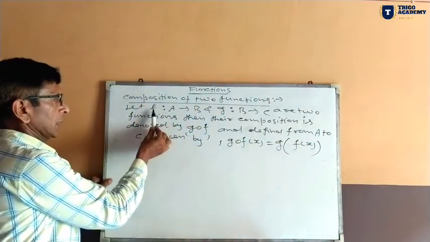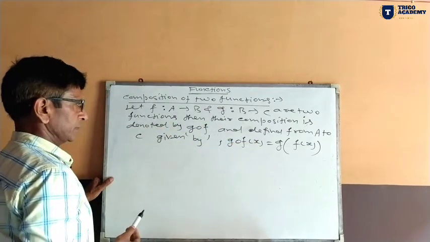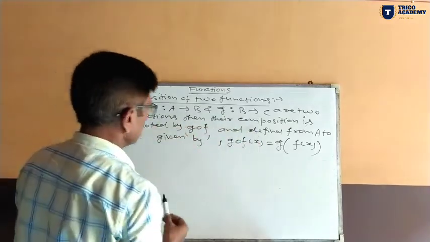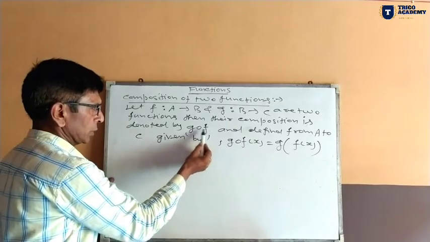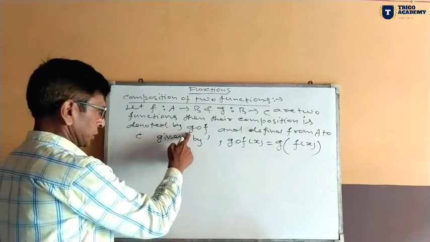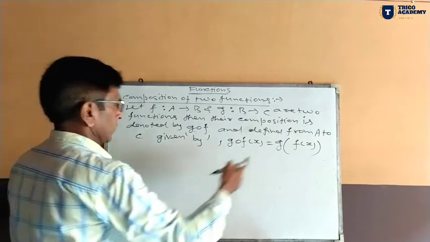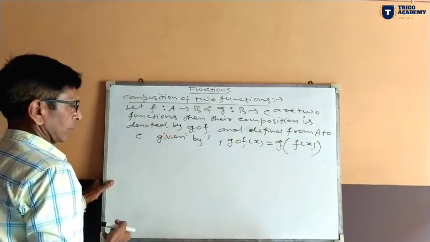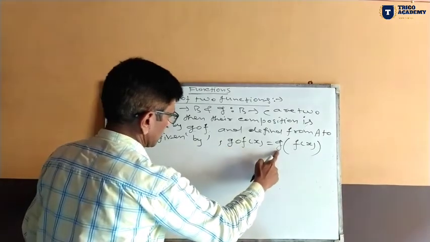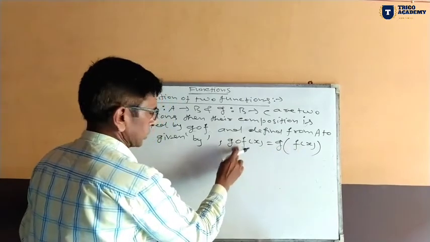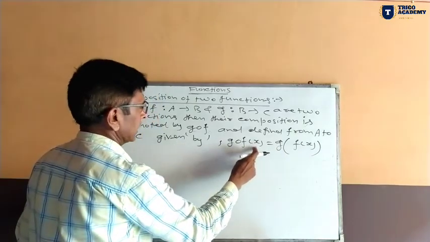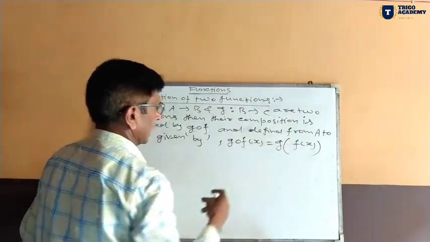It means that f and g are two functions where f is defined from A to B and g defined from B to C. So then their composition is denoted by gof, and this gof is also a function which is defined from A to C and given by gof(x) equal g(f(x)). We remove this o and we can write this gof(x) this way, g and bracket f(x).